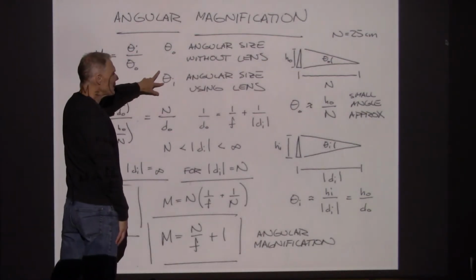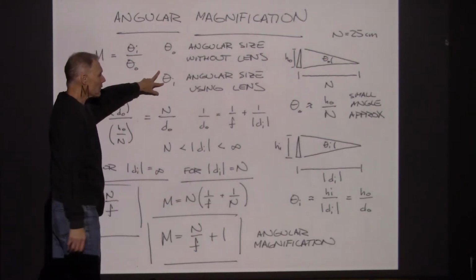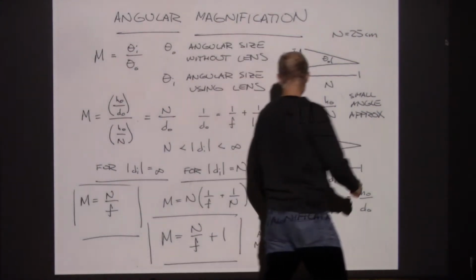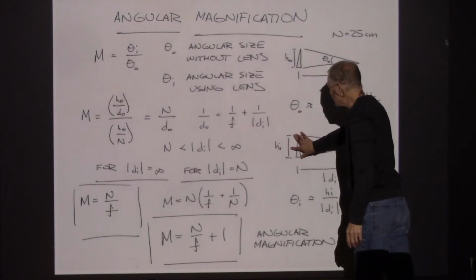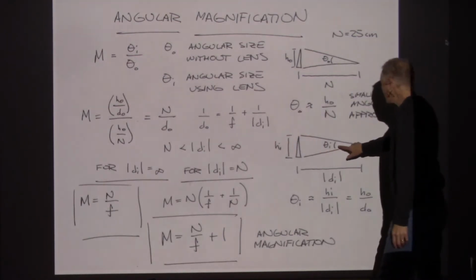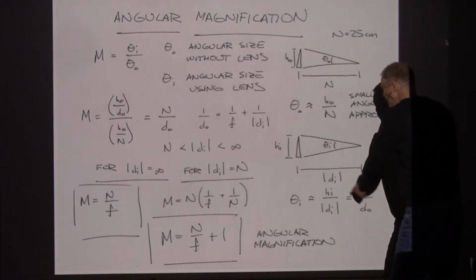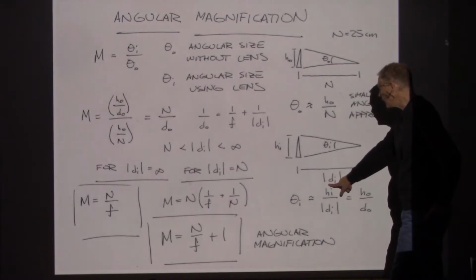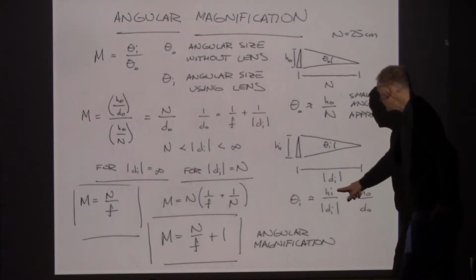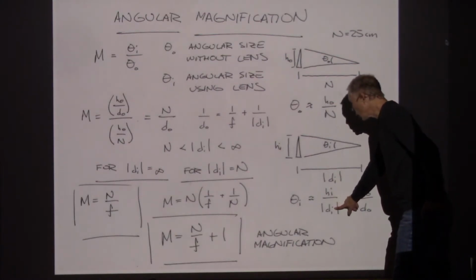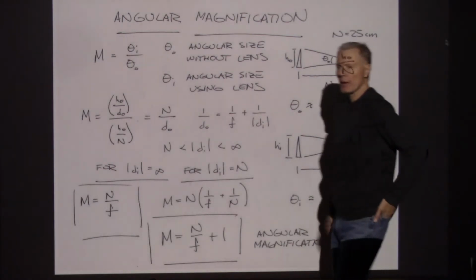What about theta I? What happens when I use the lens? Well, when I use the lens, what I'm going to be looking at is the height of the image, but it's going to be at a distance of di. And so the angle I'm using now is given by HO over di. Now I gotta go back and get a picture here.